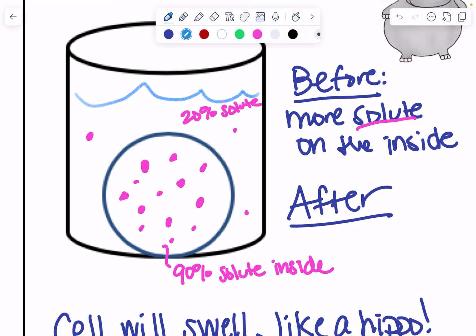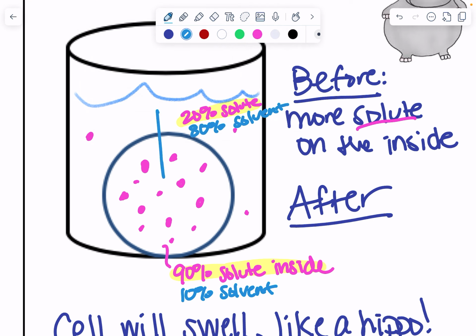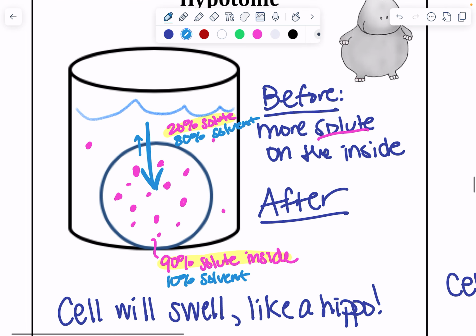So then you fill in your solvent number. You just do 100 minus the number, so 80% solvent, also known as water, and this is 10% solvent. Okay, but what we really care about is the solute number. So the solute number is higher on the inside. So your arrow is going to be massive going in, like this. And then a little bit of the water is still coming out, okay? But most of it's going in.